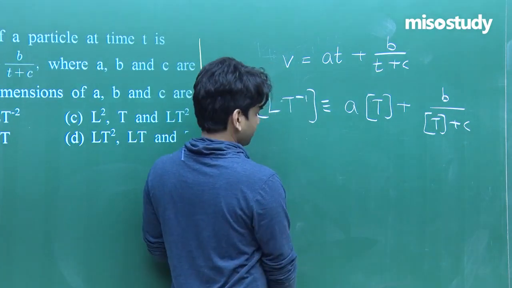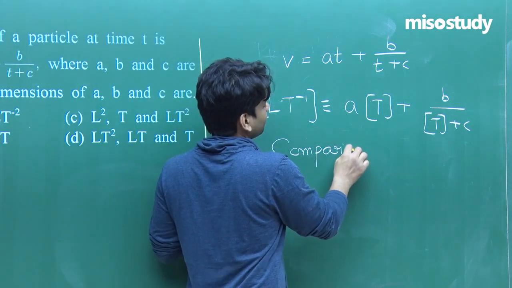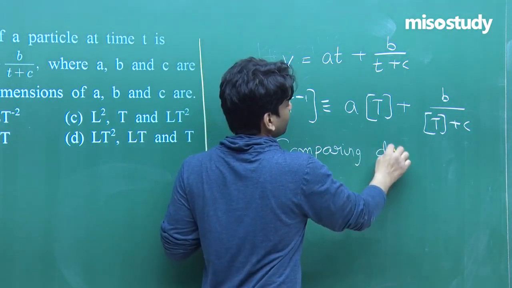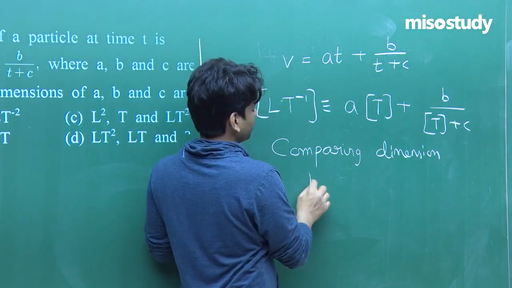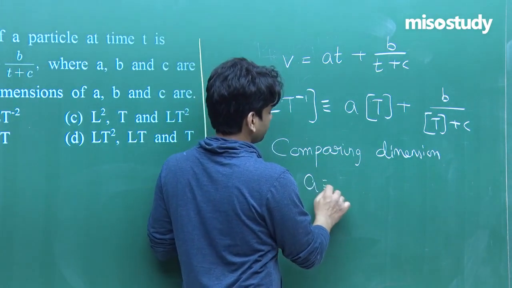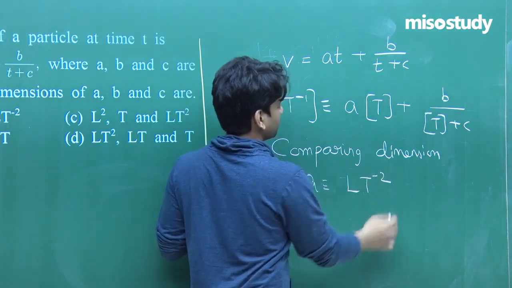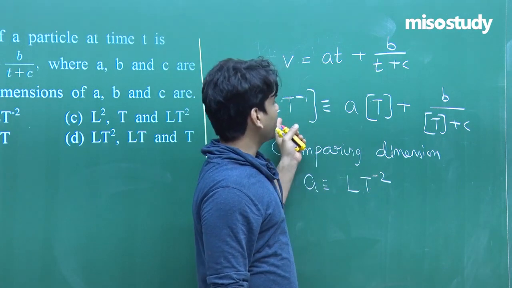Comparing the dimensions, a should turn out to be L t power minus 2. You can check L t power minus 2, then t here it will become L t power minus 1.